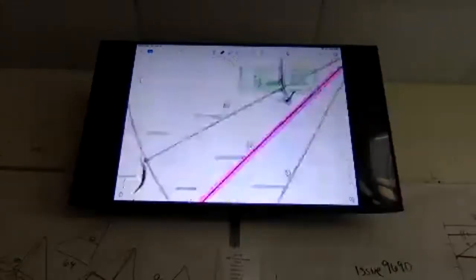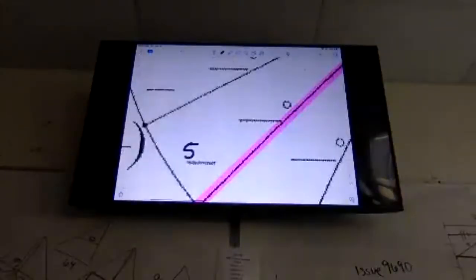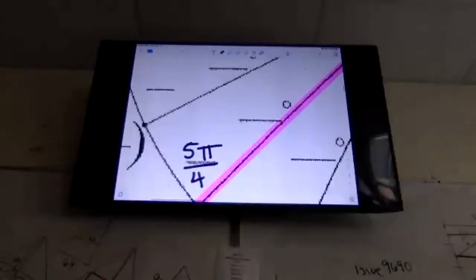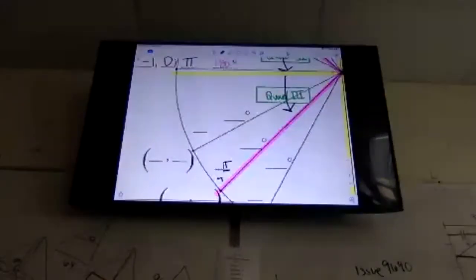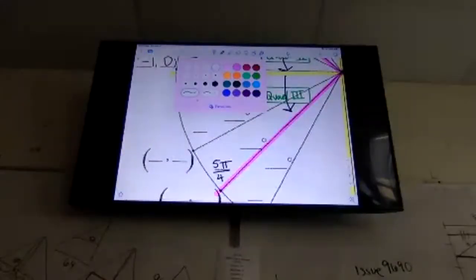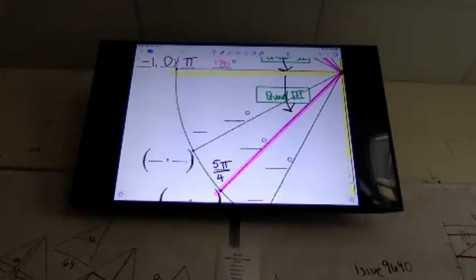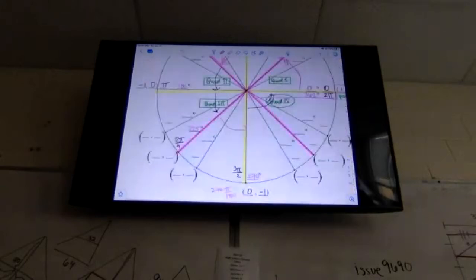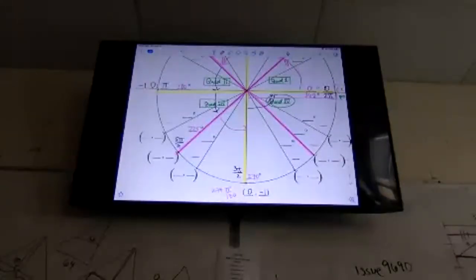Good. I'm doing 1 and a 4th. And then if I do 180 plus 45, 225. Another 45 gets me to 3 pi over 2. It gets me to 270.